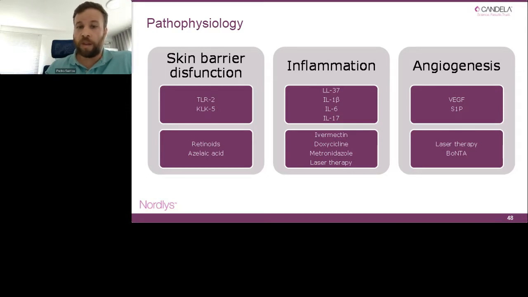So I would suggest you use something to control the inflammation, mainly the IL-17, and you can use a topical metronidazole, for instance, or if there is a neurogenic effect, consider using microbotox injections to control the neurogenic part. This probably would be the next steps for me to go for.